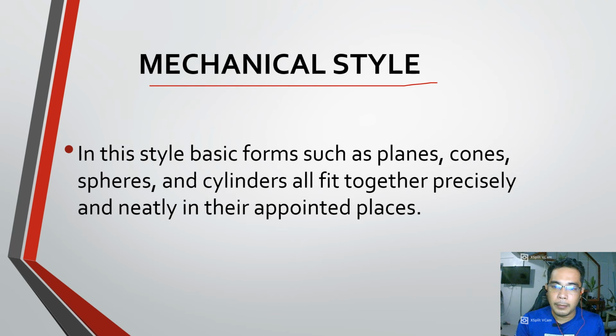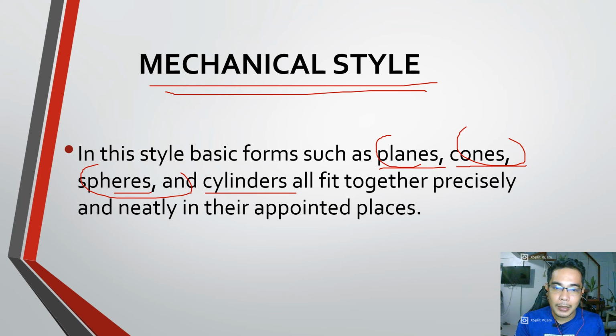Kung may planes, may cones, may spheres, cylinders, di ba mga shape yan? Bakit kung shape, ba dapat cubism? Okay? Cubism. Kasi may mga ganito, may mga planes, may mga cones. Eh yan, may mga shapes yan, mga geometrical shapes yan. Bakit mechanical style? Okay.